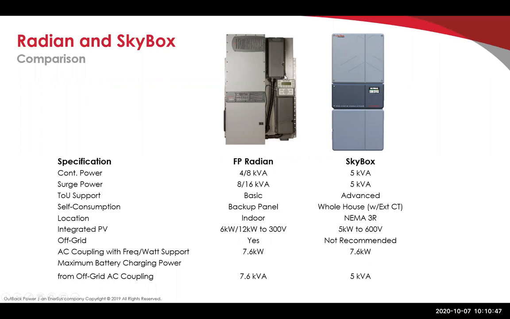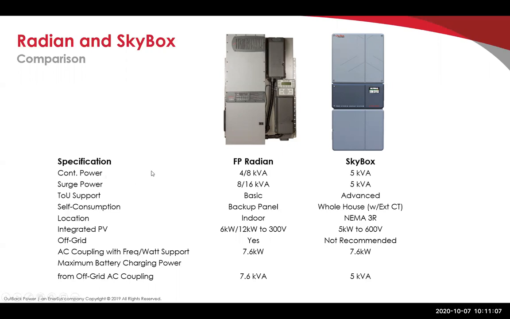With the Radian, these are external devices, but we mount it all onto a single backplate. So this is definitely a two-man lift, I guarantee you. It's pretty heavy, but it is on a single backplate, and you can put a mounting plate on the wall, hang it onto the wall, and then screw it down.